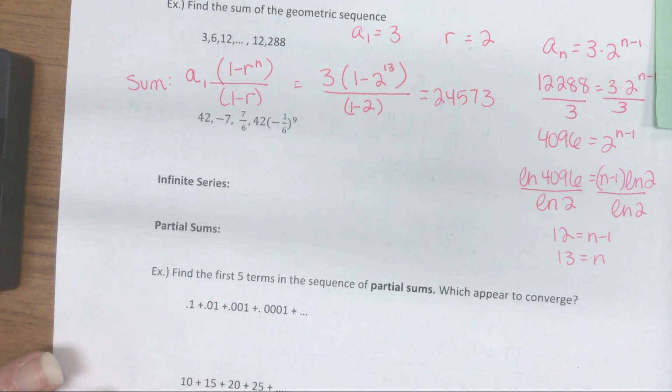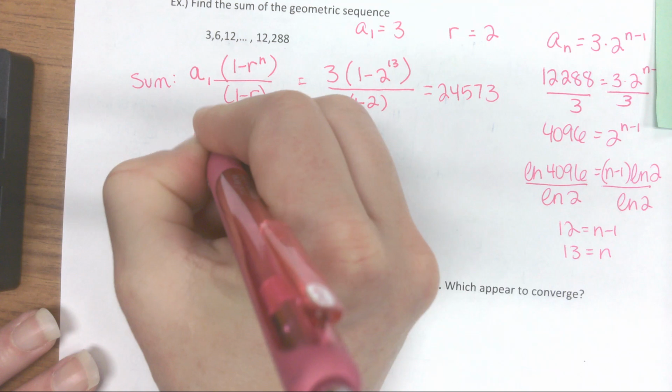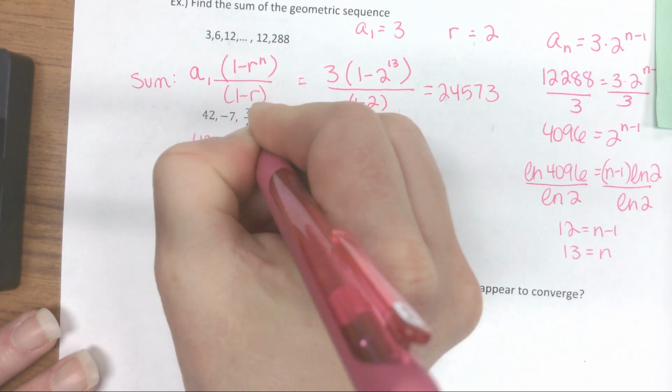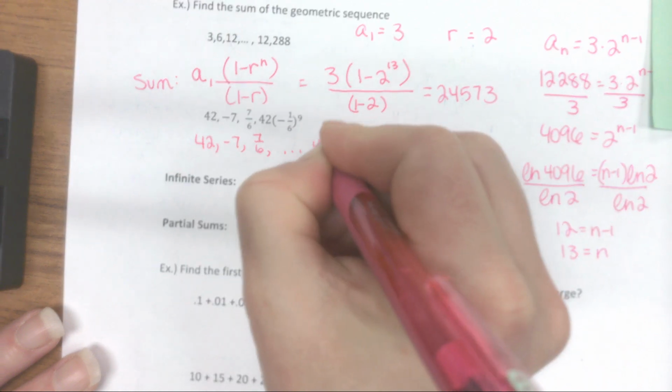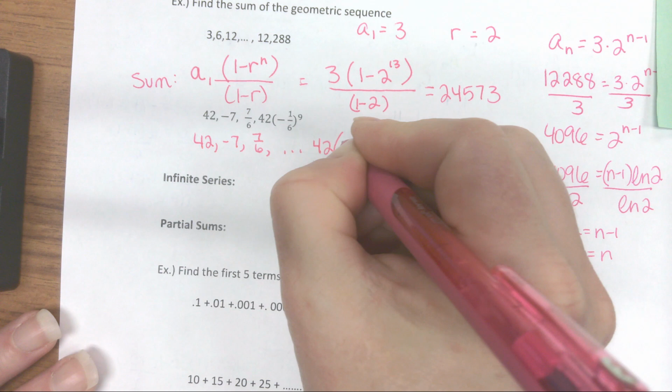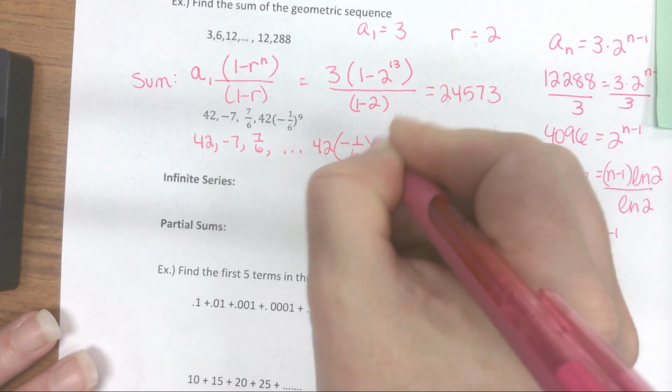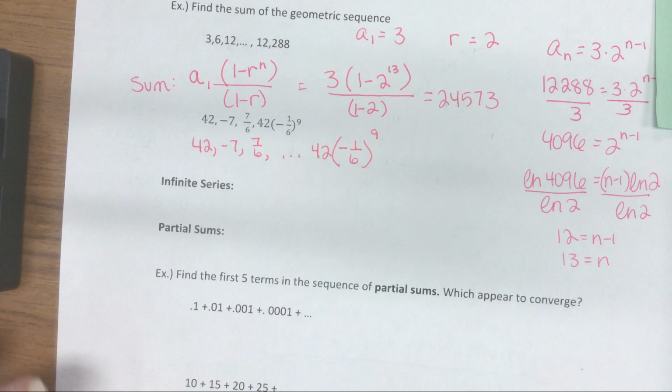Last one. What if at the end, there should be a dot, dot, dot in here, so I'm going to rewrite this. This should say 42, negative 7, 7, 6, dot, dot, dot. The last term is 42 times negative 1/6 to the 9th. Okay, here's the nice thing about one of these.